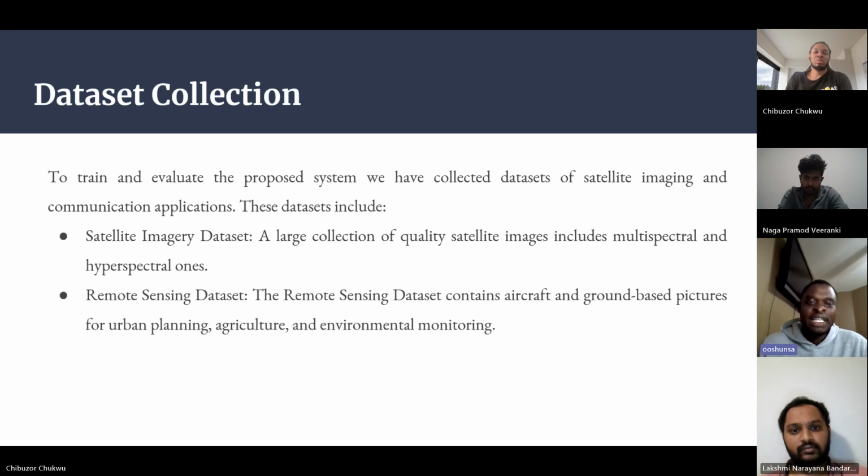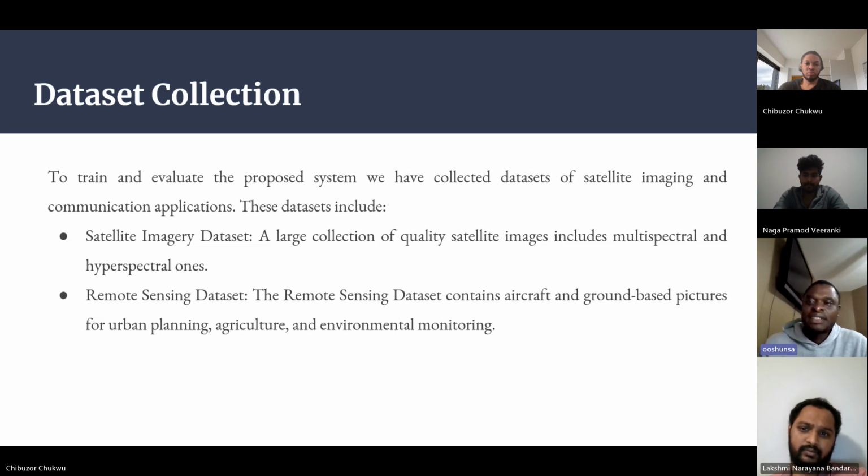Also, the satellite imagery dataset: it obtains satellite imagery datasets from satellite imagery providers or repositories, and this dataset may include optical imagery, radar imagery, and so on. Also, we have capturing sensor readings, like accessing datasets generated by sensors deployed on satellites and ground stations.